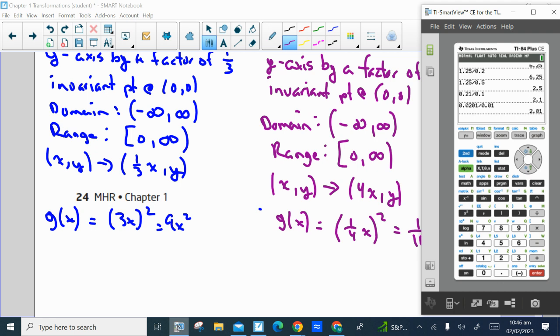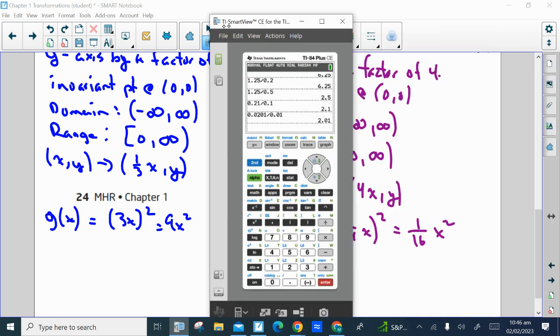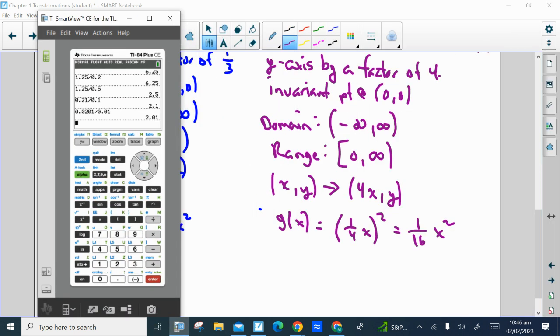Right, and you can use the graphing calculator to check to make sure your graph is correct. We start with x squared as our first equation, and then if I just put in our b value and the x all squared, so b is 1/4 or 0.25, x, and I close the brackets and square it.